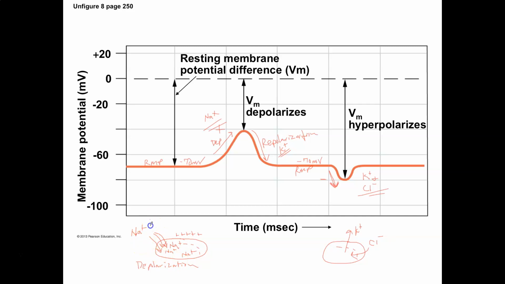We're still going to have a high concentration of sodium outside and a low concentration of sodium inside. We're not reversing the concentrations just because we're seeing a change in membrane potential.